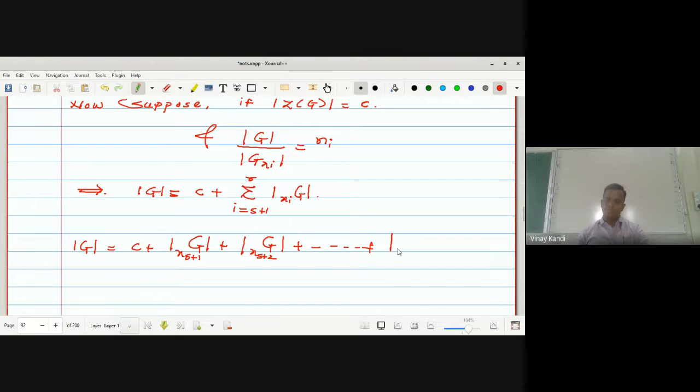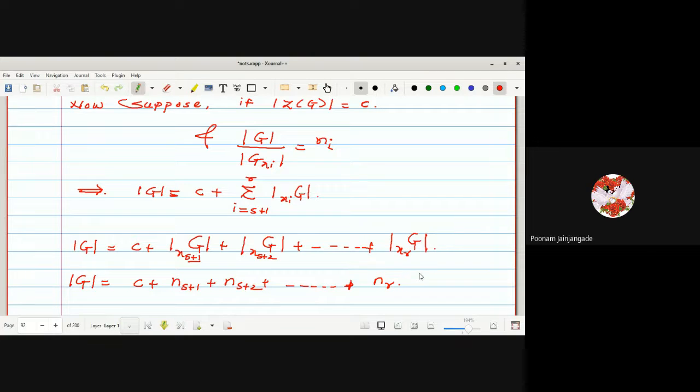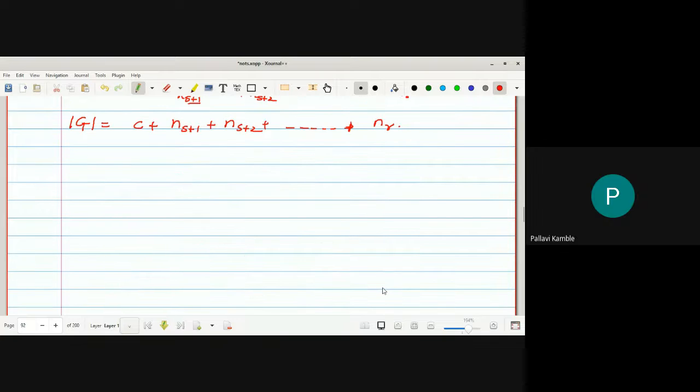So this is order of x_r G. Hence order of G is equal to c plus n_(s+1), n_(s+2), and so on up to n_r. Okay, any doubt? No, sir.